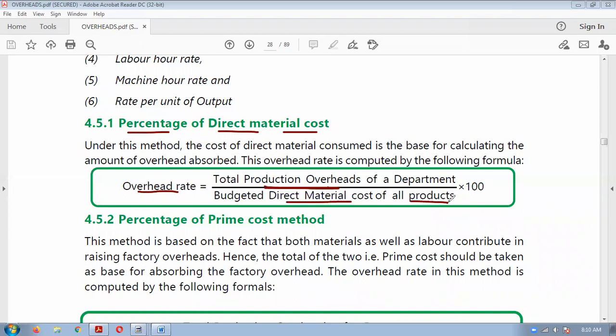We will also take an illustration of how to do this. So just note down, give the heading percentage of direct material cost.